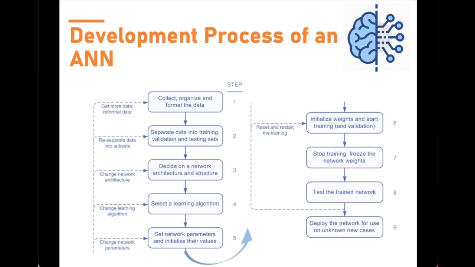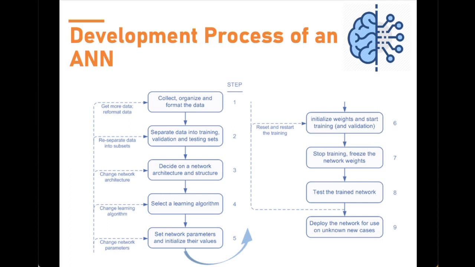In steps 7 and 8, we evaluate the performance of the network on the testing set once the training is completed to assess its generalization capabilities. Here, in these steps, metrics such as accuracy should be used.